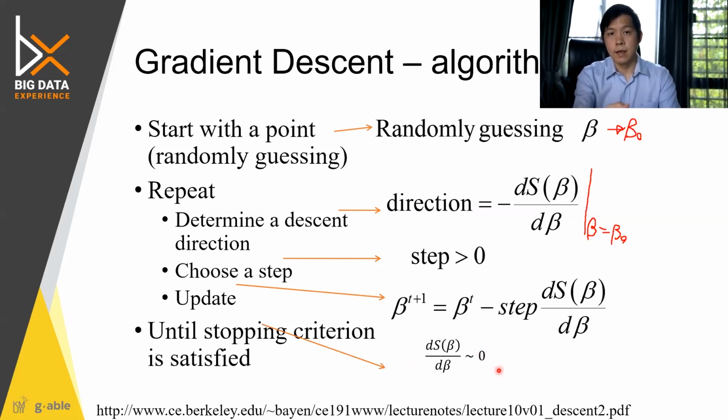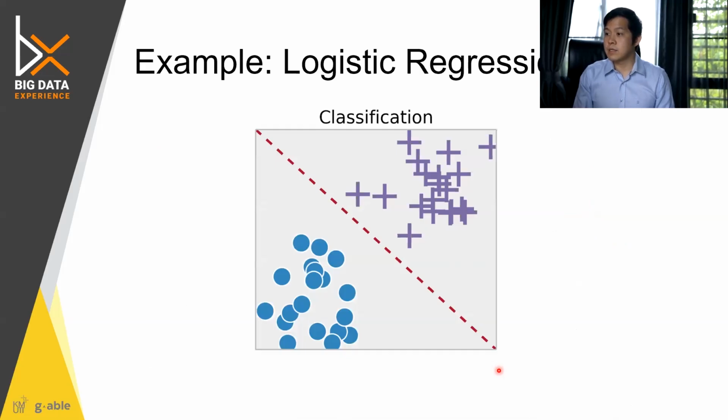Or it can be that you reach the maximum iterations, or that the error increases. Okay, this is the technique called gradient descent.